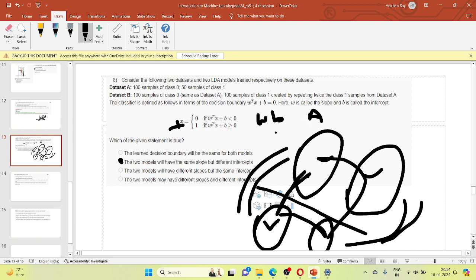For the next case it may be different, w dash, b dash. You say that w has to be the same, but from this you cannot infer that. It may be different. W is the same because the mean and covariance matrix are the same. That is why w is the same.